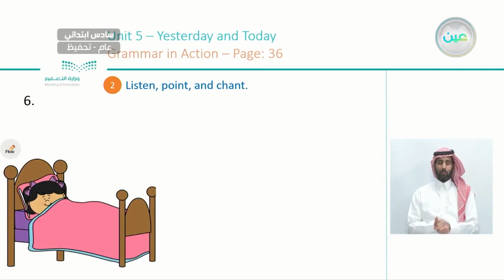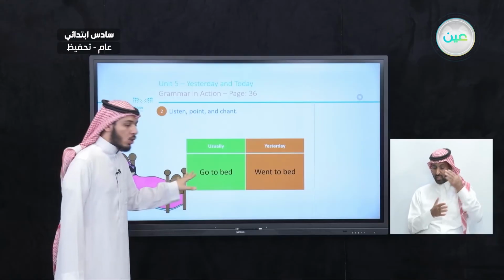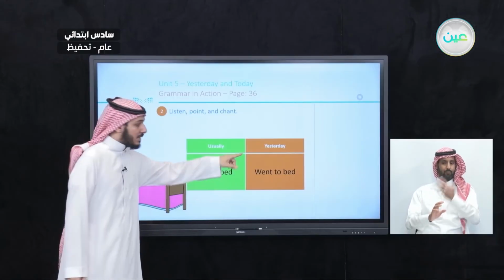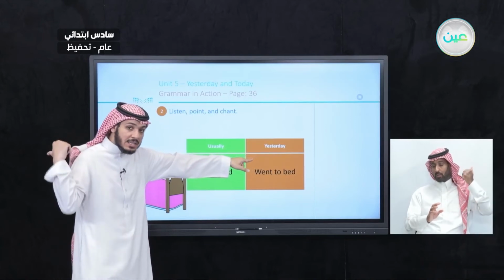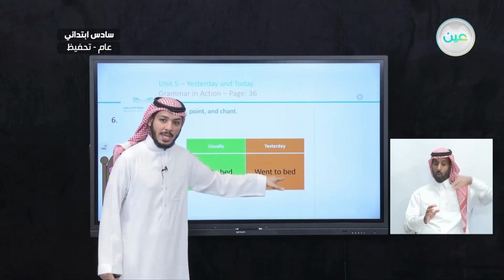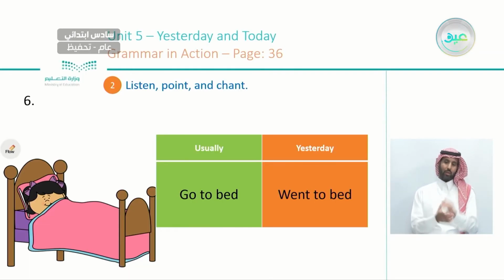We have a girl. She is sleeping. Usually I go to bed at maybe 9 o'clock, but yesterday I went to bed at maybe 9:30. So we have usually and we have yesterday.